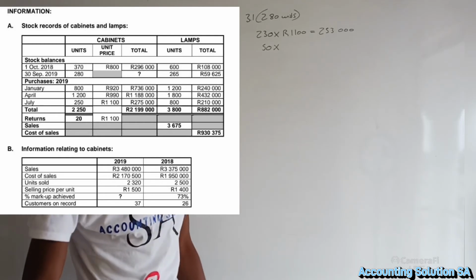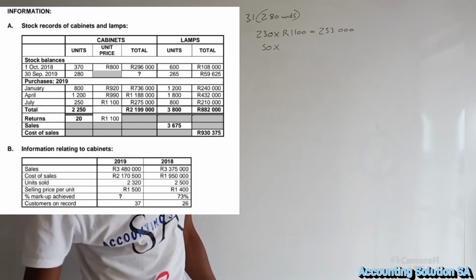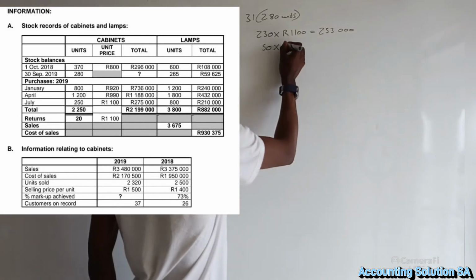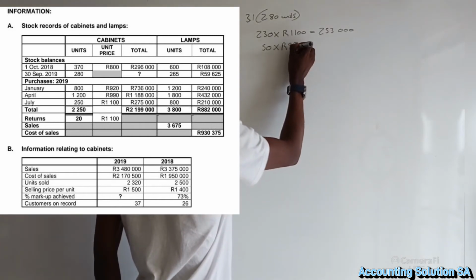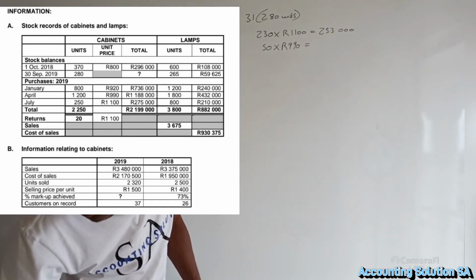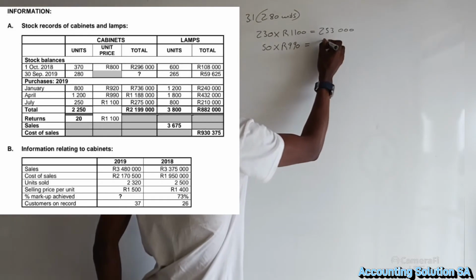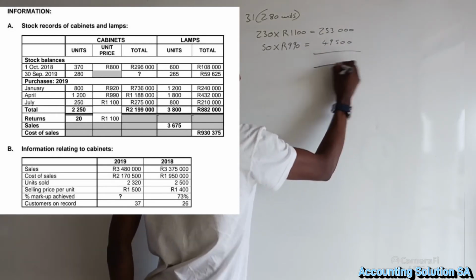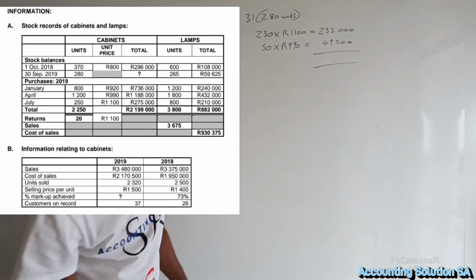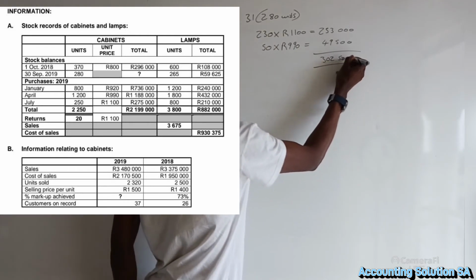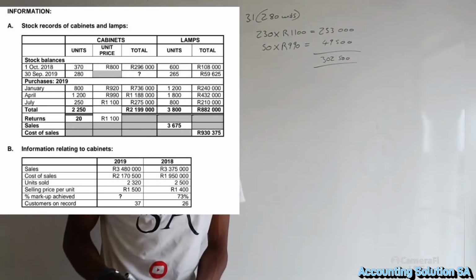But on April, we are not going to take 1,200 units. No, we are looking for only 50 units at the unit price, which is 990. 50 times 990 gives us 49,500. If you add these two balances, it gives you 302,500. Just like that. Very simple.